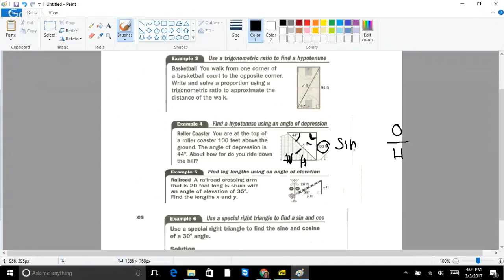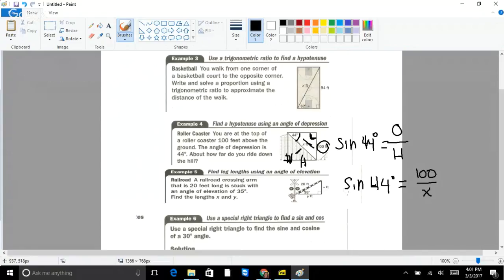So the sine of angle 44 is the opposite over the hypotenuse. This is the sine of 44 degrees equals the opposite side. Opposite of 44 degrees is 100 feet. And the hypotenuse is x. We don't know what that is.